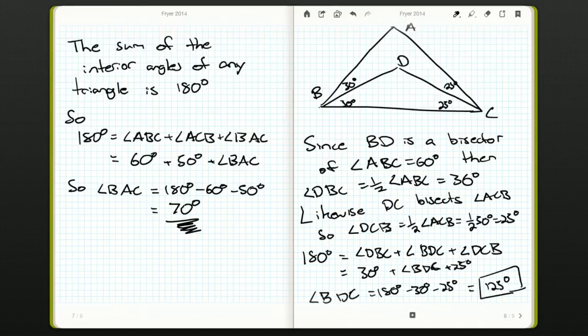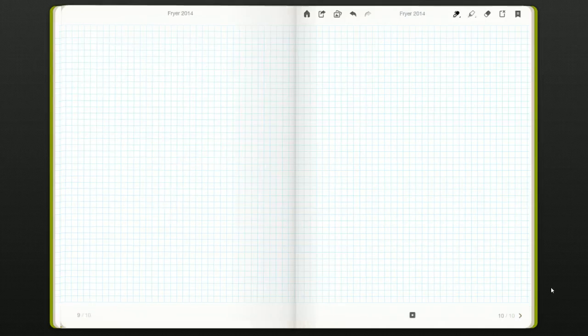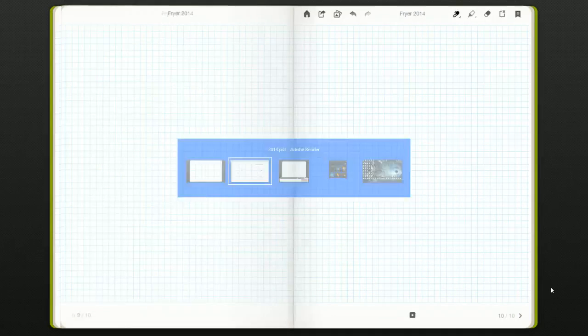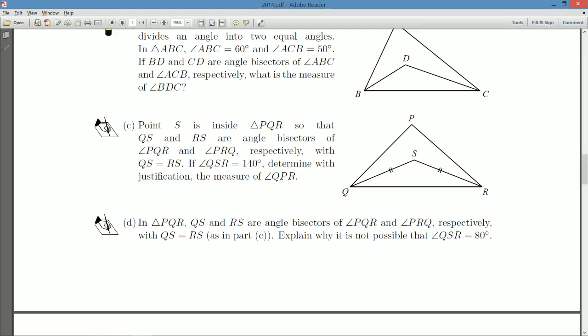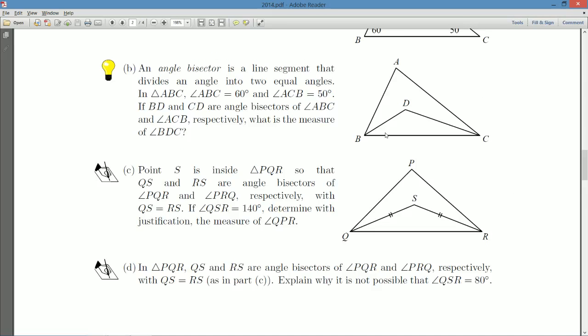Okay. So that's B part, another final answer style question. That's okay. Now let's take a look at C, a written question. Point S is inside triangle PQR, so that QS and RS are angle bisectors, okay, just like we had in the previous question.